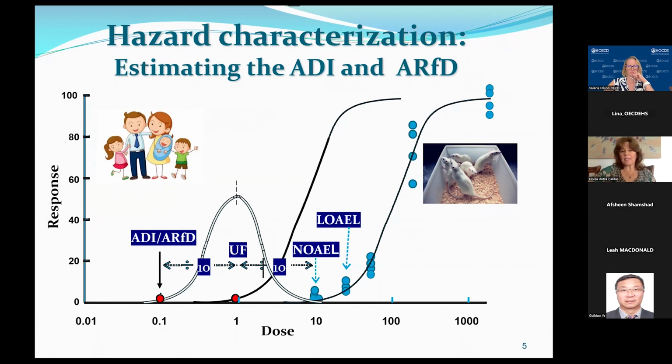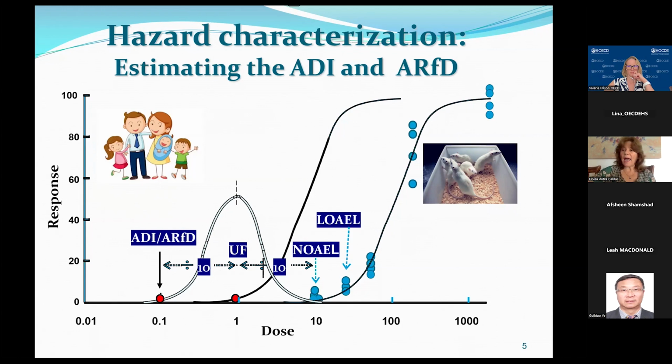In some cases, the uncertainty factor can be lower than 100. For example, if the studies were conducted with monkeys, or even with humans, like some old data where the studies were conducted directly in humans.